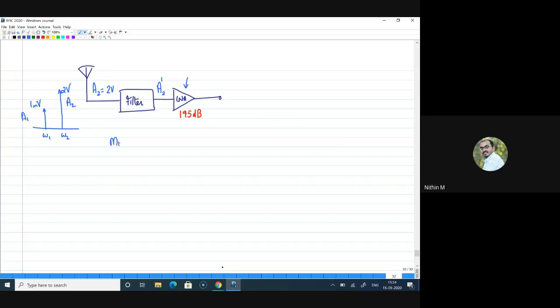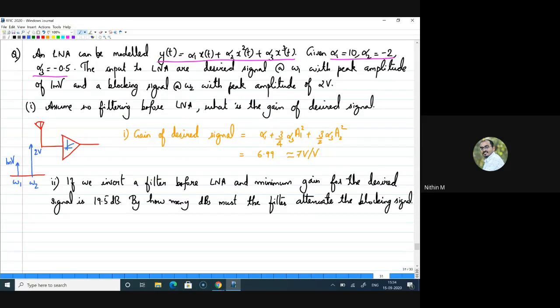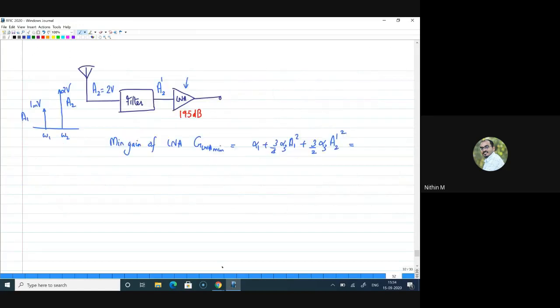So by considering the minimum gain of the LNA, G LNA minimum, the value is alpha 1 plus 3 by 4 alpha 3 A1 square plus 3 by 2 alpha 3 A2 dash square, not A2 but A2 dash because it is the filtered component now. And that is given as 19.5 dB. So 19.5 dB is equal to what value in volts per volt?